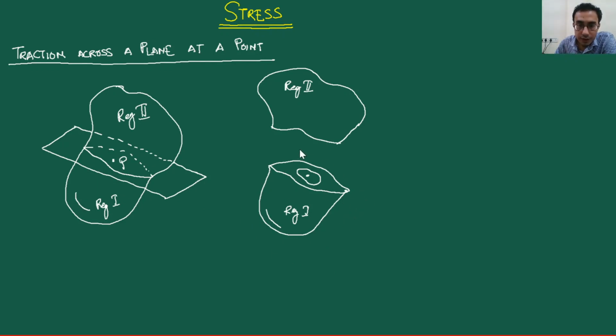In order for this entire region to be in static equilibrium, there must be a certain distribution of forces acting all over this exposed surface, all over this entire plane that has been exposed by this cutting plane.